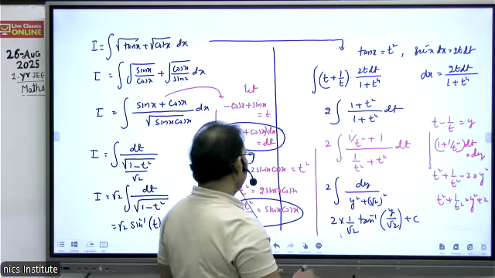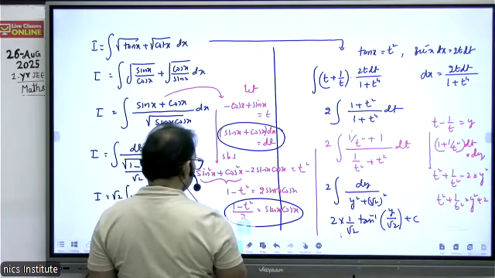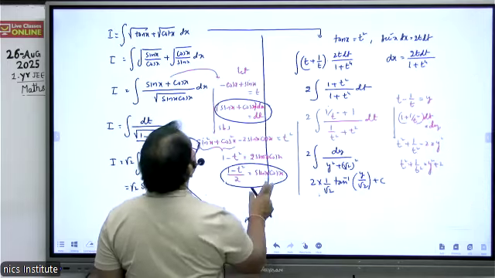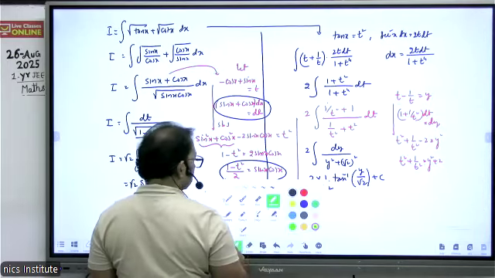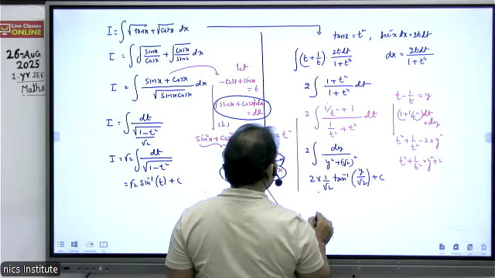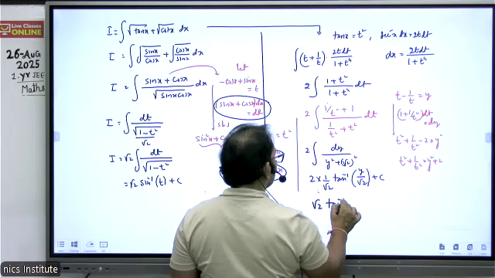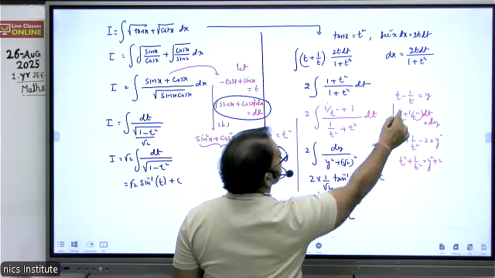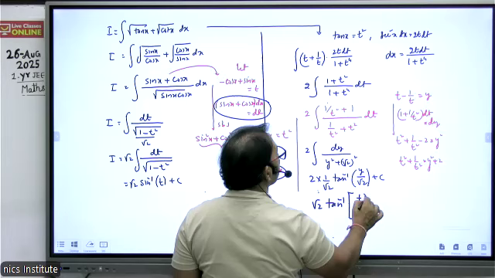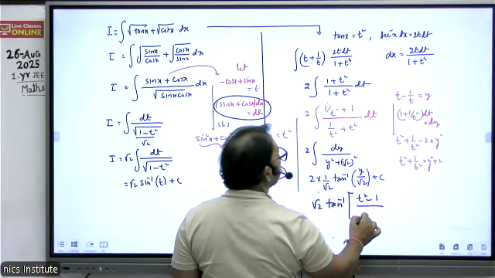Then you replace y, then you replace t in your answer, because depending upon the option, you'll decide which formula to be used. This one or this one. Root 2 tan inverse y, where y is t minus 1 by t.